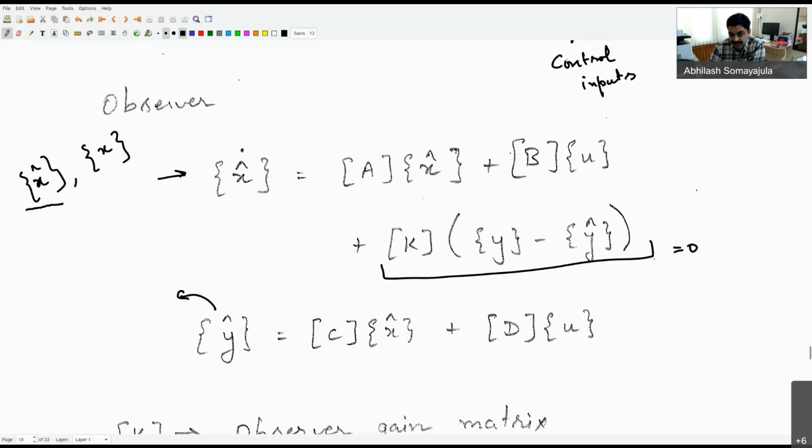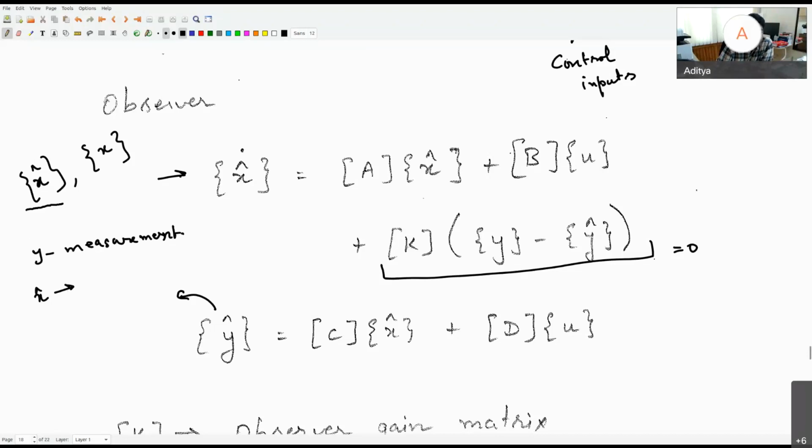Is that making sense? Yes, sir. Yes, Aditya. What is the difference between this Y and Y hat? Y is what we measure. Y is the measurement. Y will be our sensor data. Based on this measurement, I evaluate what might be the best estimate of my state, X hat.